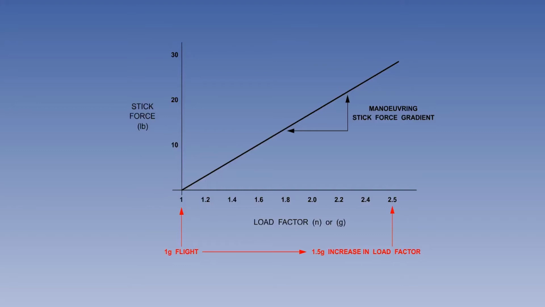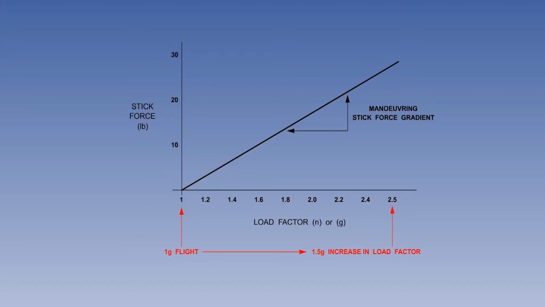If the stick force per G is too low, the aircraft may be accidentally overstressed because of the light control forces. You may be asked to calculate stick force per G, so you need to remember that in level flight the aircraft is at 1 G, and a maneuver that gives a load factor of 2.5 is only a 1.5 G increase.